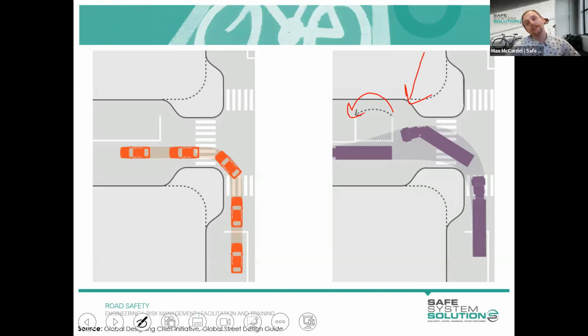Gotcha. So the reason that we're advocating for this is because we're separating pedestrians and cyclists. As cyclists approach this, they've got their own dedicated separated facility. They're traveling relatively fast, 20, 25, up to 30 kilometers per hour.